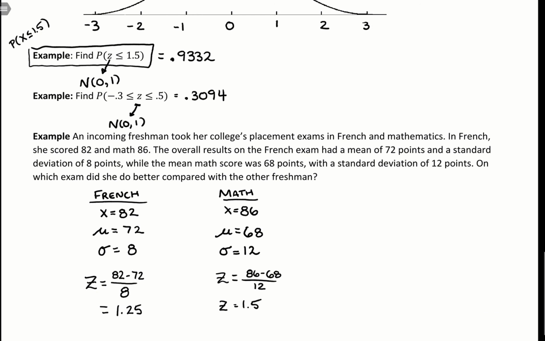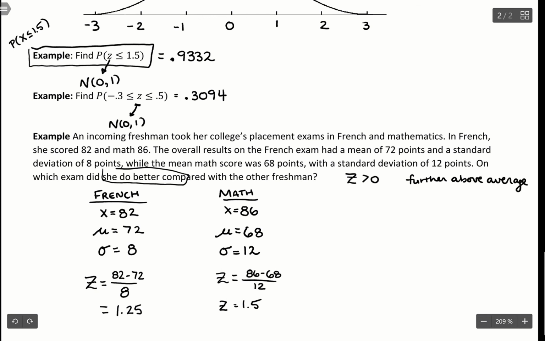In terms of which was more extreme, in this case, it's which did she do better on? So for this, we do want a z-score that's positive. If she had a negative z-score, that would mean performing below average, which isn't good on taking tests. So we want above average. Both of these are positive, so we're good there. And then we just want which one is further above average.